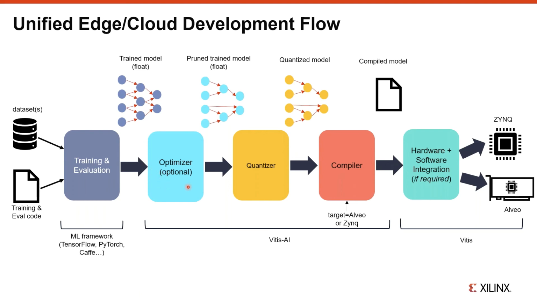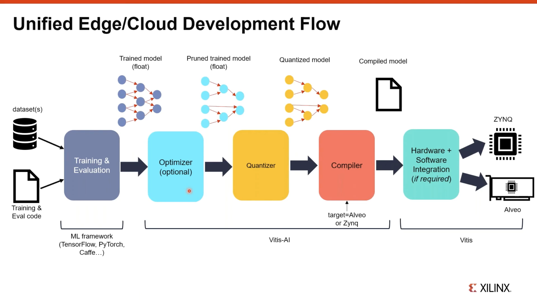Now, the first step that we can run is an optional step, and that's the optimization, or as John was calling it, the pruning step. The pruning step exploits the redundancies that are present in many networks, and by zeroing out the weights, it will reduce the number of mathematical operations that are necessary to execute the network.